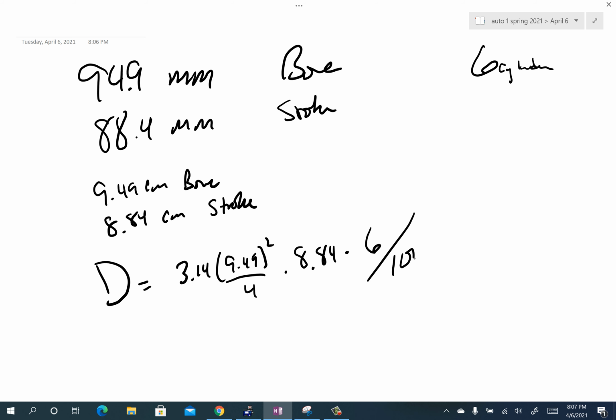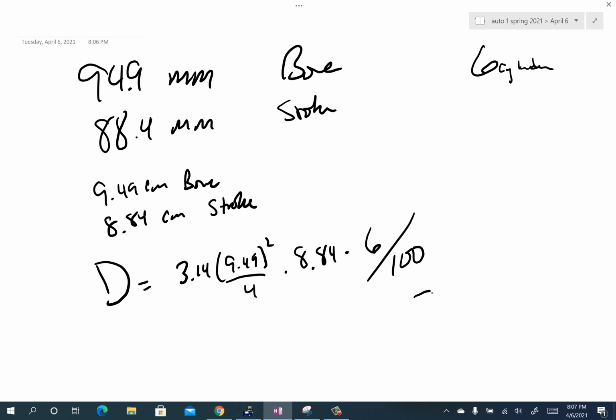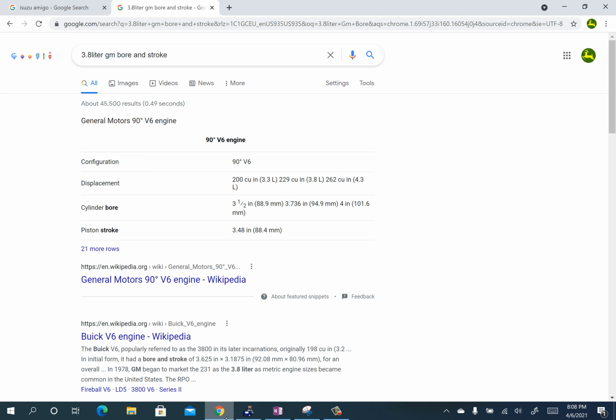That's 3,749 divided by 1,000. Forgot that part. Sorry. It's 3.75 liters, which GM, for whatever reason, decided to round up. And they called it a 3.8 liter engine. But 3.75 is the correct number that I'm going for mathematically right now. Okay? I think we'll do one more, then we'll call it a night.